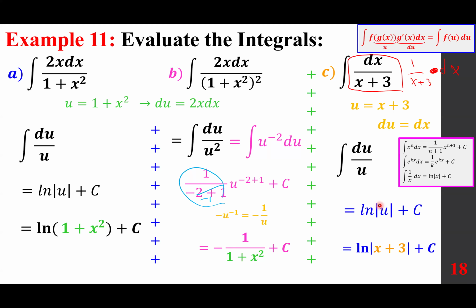And you replace it, and you get ln of x plus 3. And that, you have to keep it in an absolute value, because this expression can be positive or negative, whereas this expression is always positive.